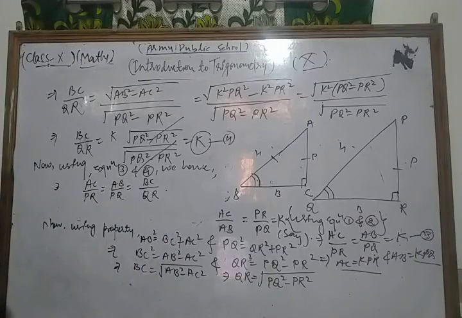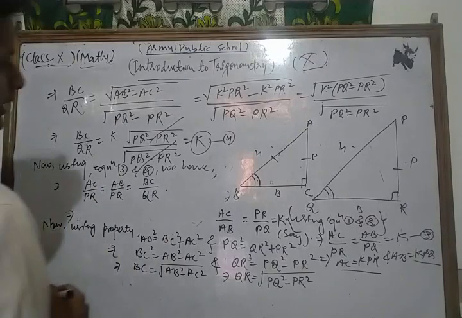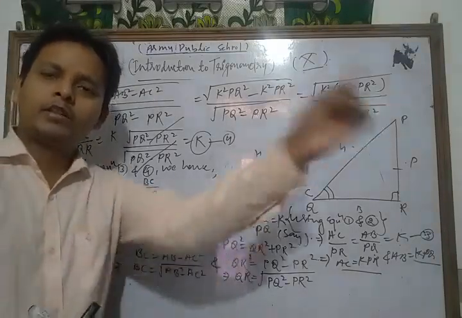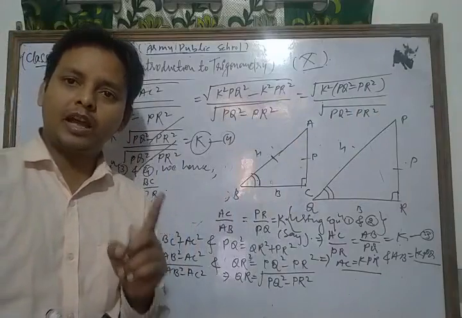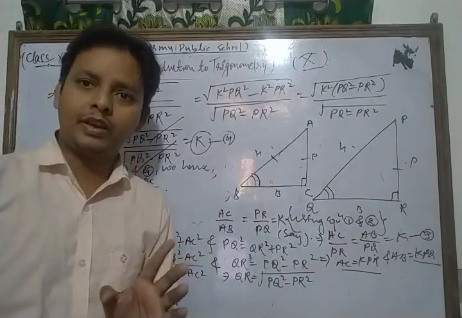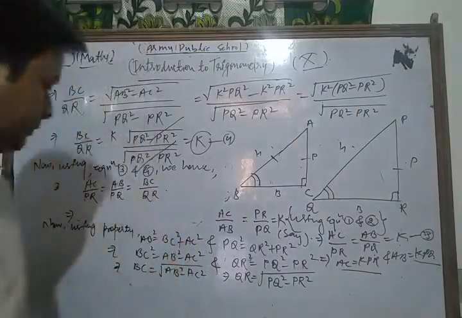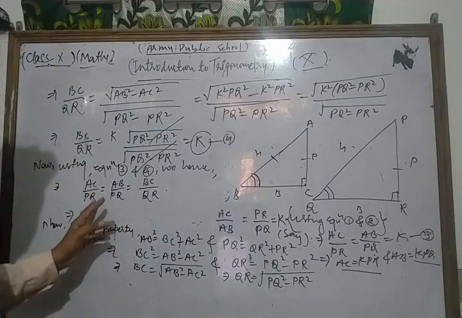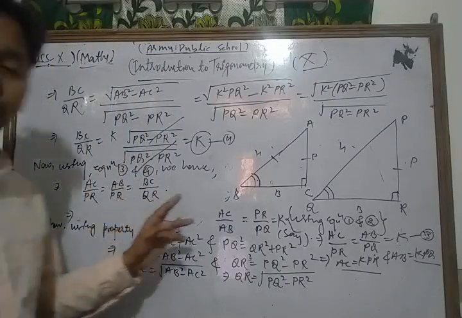You know that by the concept of similarity, two triangles are similar to each other if and only if their corresponding sides are proportional to each other.